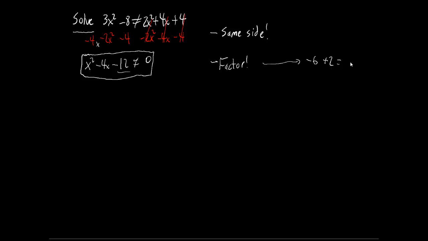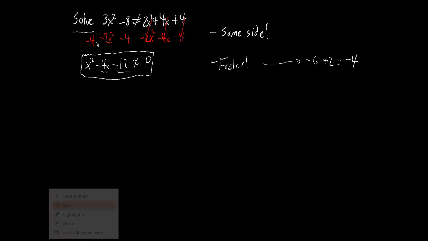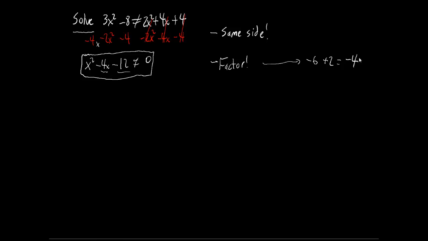When you add them together, you get negative 4. Just so happens that is the number in the middle, so that is the right thing to use. So we're going to break it into our two parentheses, and we will have x minus 6 and x plus 2 as our pieces. Still not equal to 0.